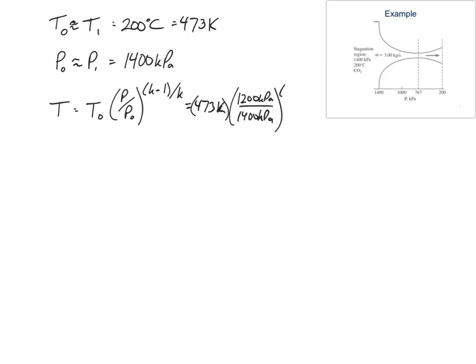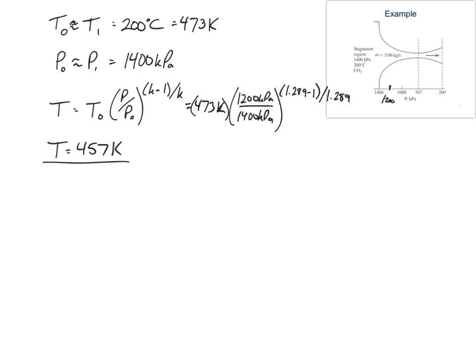The k we're going to use is 1.289, and we're going to subtract off 1 from that, so the exponent is (1.289 minus 1) over 1.289. And so the temperature that we come up with is 457 Kelvin. That's the temperature right here at 1200 kilopascals.